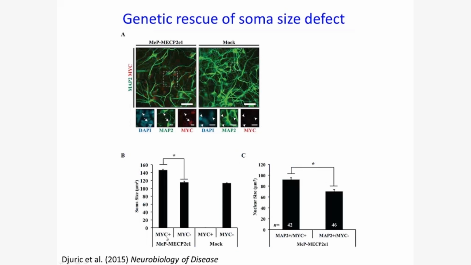And by comparison of the MECP2 expressing cells to the MECP2 null cells, what they found was a robust rescue of the soma size deficit that was observed. And importantly, this argues that this deficit is a cell autonomous defect, where by expressing MECP2 within the individual cell of interest, we rescue the phenotype, but only in those cells.